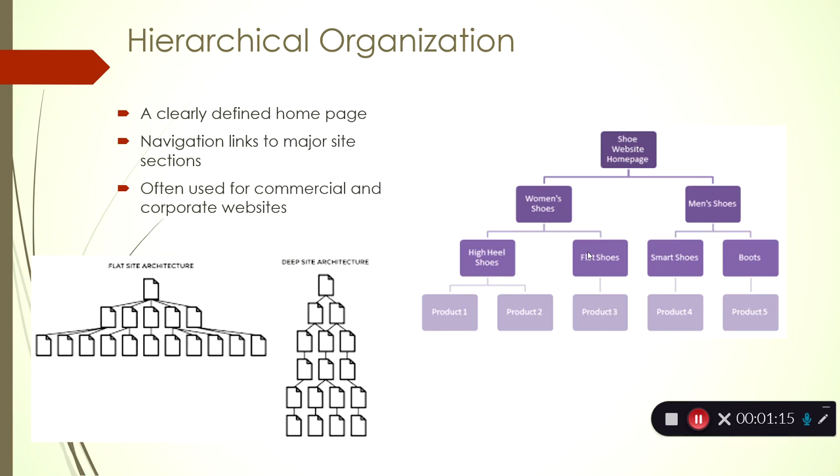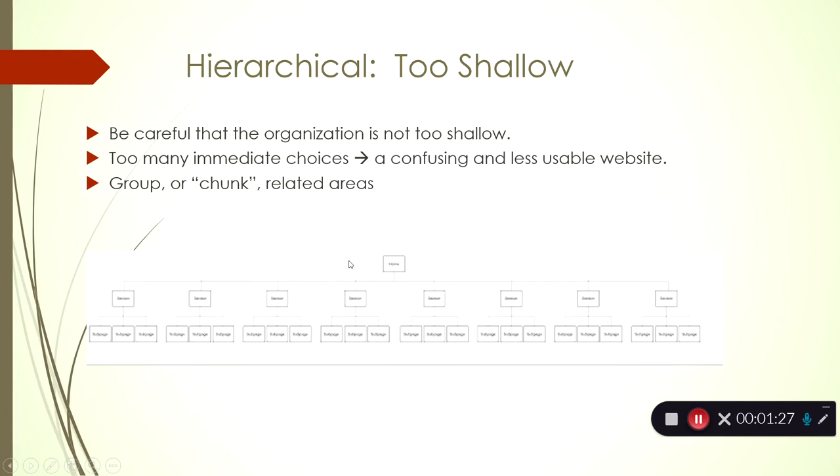When we select the hierarchical organization, we have to be very careful on two aspects. It should not be a flat architecture and it should not be a deep site architecture. So what is flat architecture? It should not be too shallow like this. The home page has some 8 to 10 pages, and then each page will have its own.